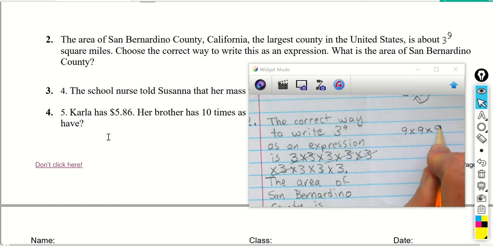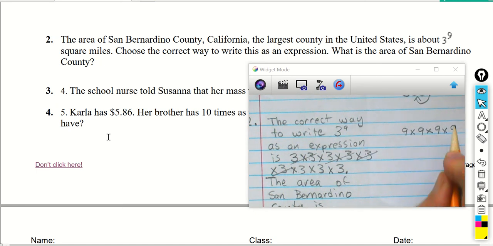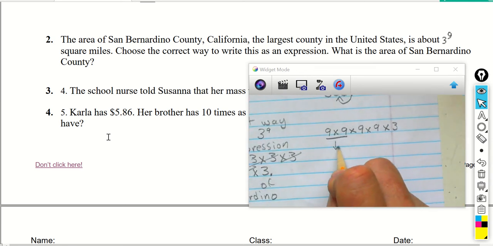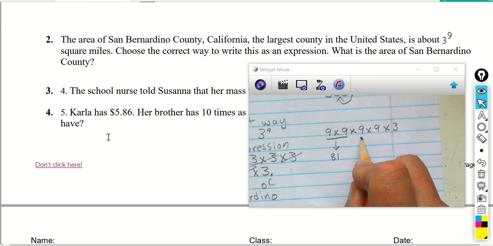Very proud if you calculated this out on paper, boys and girls, and you didn't just jump to a calculator. And then another 3 times 3 is 9. And then times 3. So now I'm going to multiply this out to get 81.